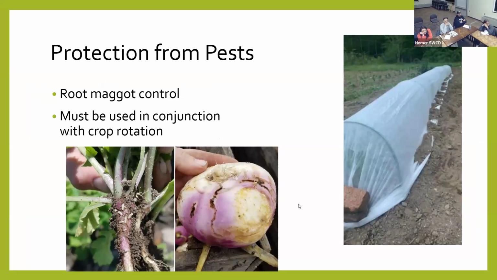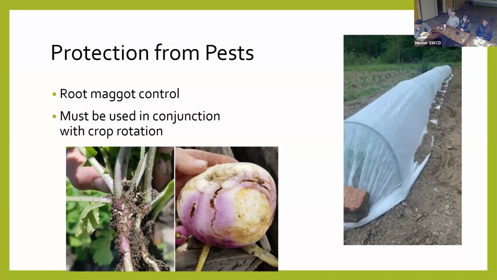So root maggot control, these are just so useful for that. It does need to be used in conjunction with crop rotation. We'll go into all the details with that, but basically you never want to grow cabbage family crops in the same place that you did the year before, because the pupa of the root maggot flies will be in the soil already.